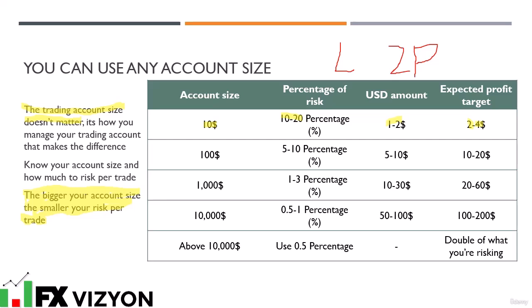Let's go 5 trades. Series of 5 trades. You had 2 losses, and 3 profitable trades.